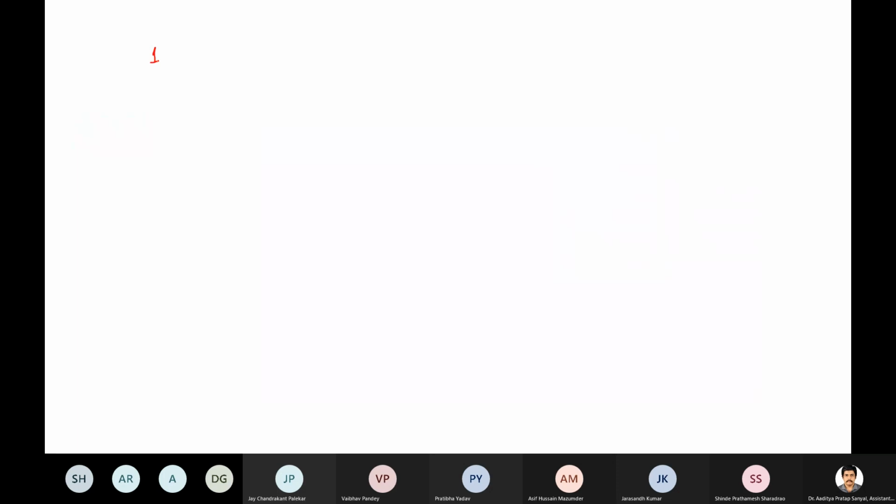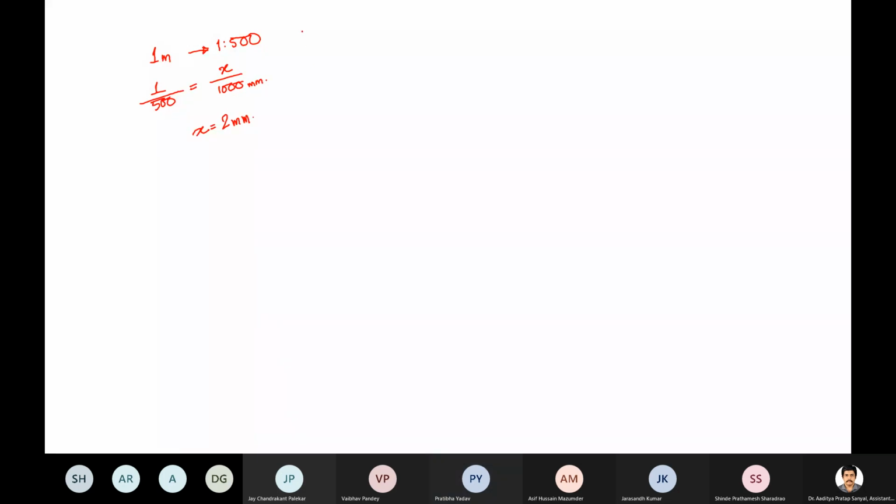So I'm talking about representing 1 meter in a scale of 1 is to 500, right? We found out that for 1 is to 500, this is our 1 meter, 1000 mm, and x is equal to 2 mm.